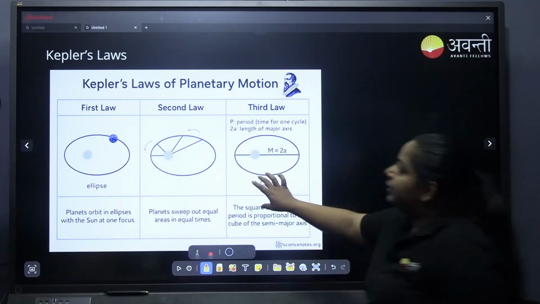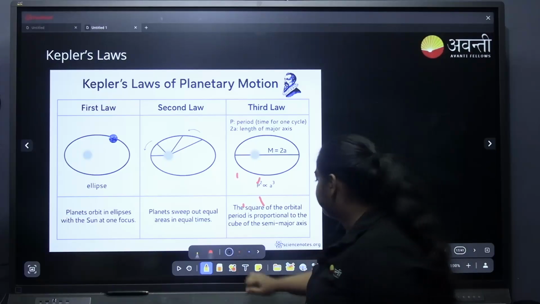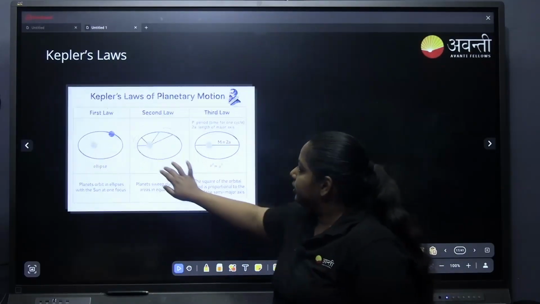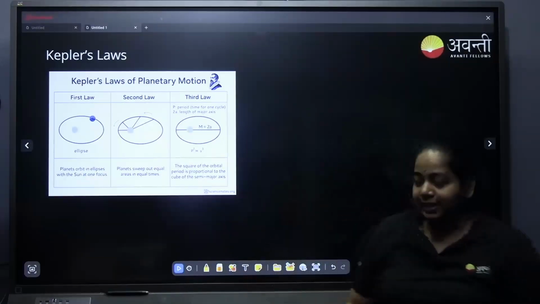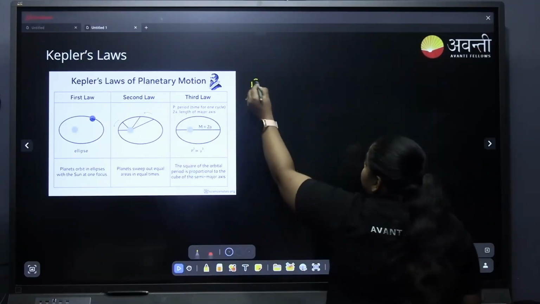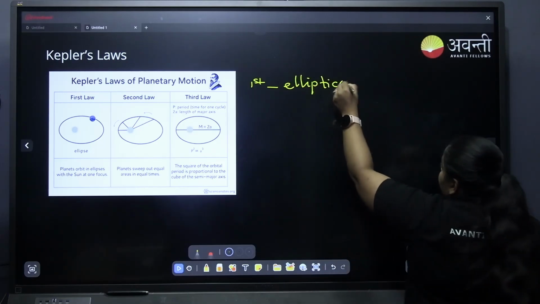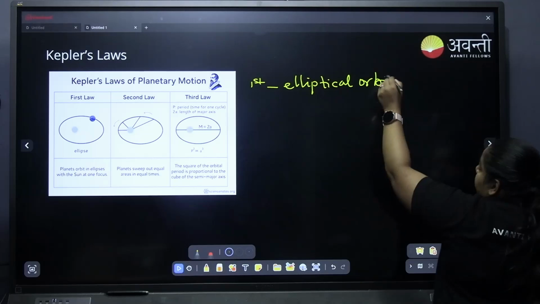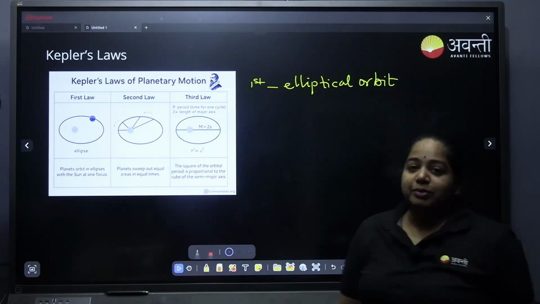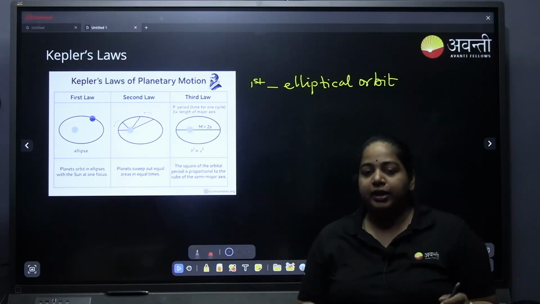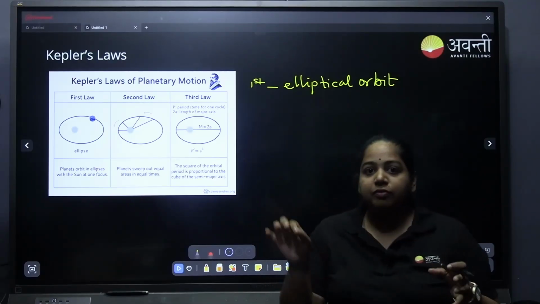Now coming to Kepler's laws, there are 3 laws. First law is about elliptical orbit, which means everything is rotating in an elliptical orbit, and the sun is at one of the foci.